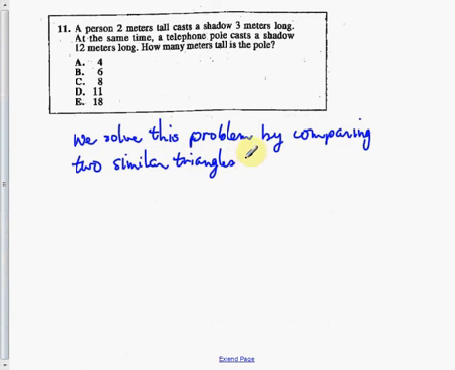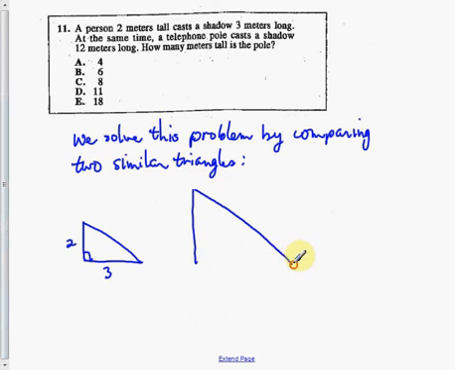All right? Let's look. I have this person. He's standing up so tall, he has a shadow. This person is 2 meters tall, it says. So I'm just going to write 2 there. His shadow is 3 meters. It's a right triangle. And then you have a pole that's even taller. It also casts a shadow.